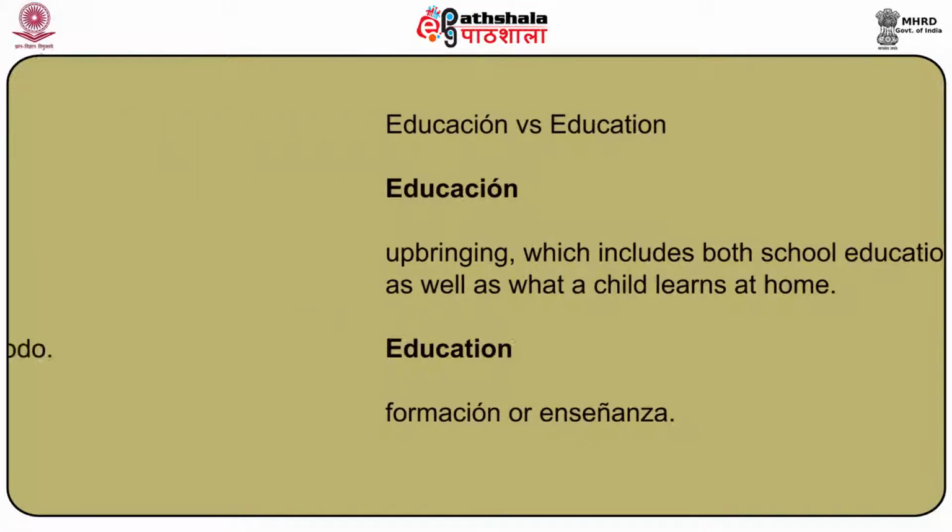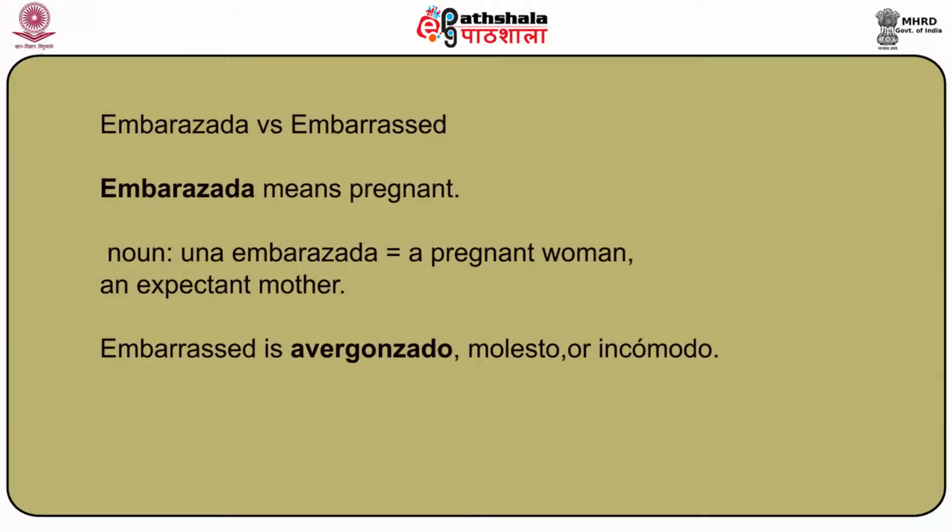Another major problem that is faced is with the verbs embarazada versus embarrassed. Embarazada means pregnant. It can also be a noun, una embarazada, a pregnant woman, an expectant mother. Embarrassed in Spanish is avergonzado, molesto, or incómodo.